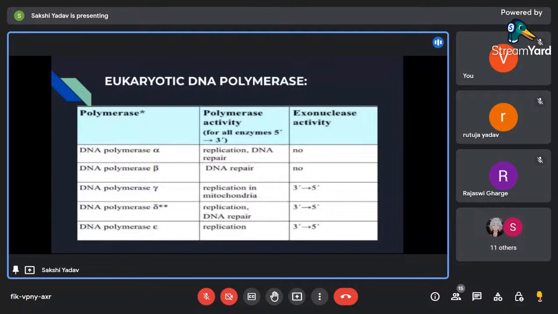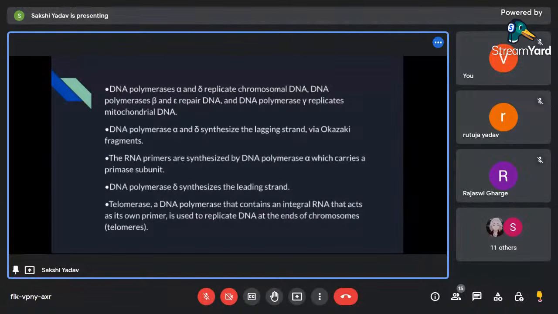Out of these, DNA polymerase gamma, DNA polymerase delta, and DNA polymerase epsilon show the 3 prime to 5 prime exonuclease activity, while DNA polymerase alpha and DNA polymerase beta do not show these activities. As I have explained, the same is written over here.